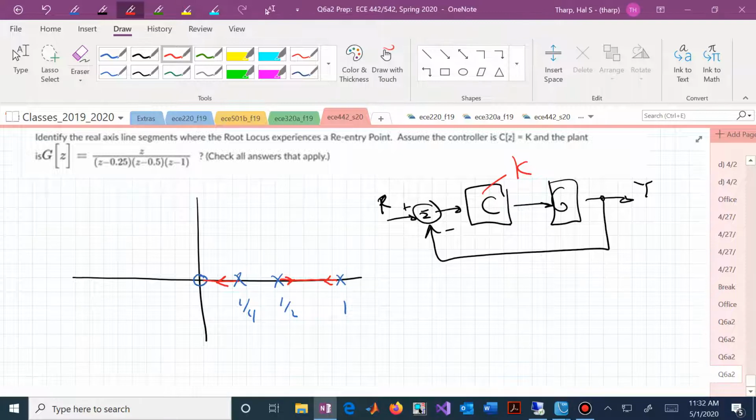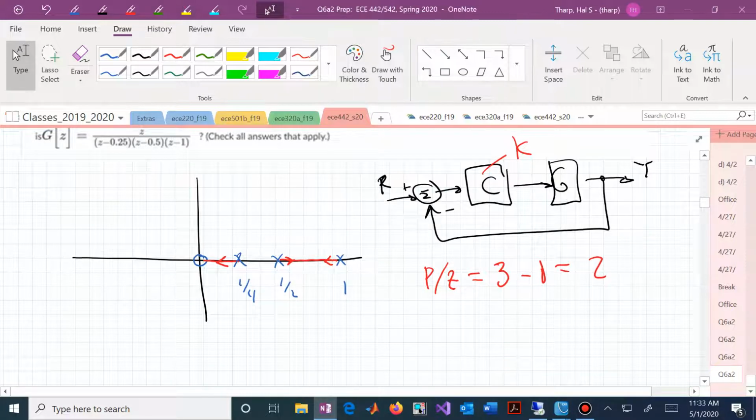Now what happens? Well, now effectively we have a pole-zero excess. We have 3 poles and 1 zero. Our pole-zero excess is 2. So in fact we have 2 zeros at infinity, and that tells us that those zeros are splitting our complex Z-plane into 2 uniform pieces.